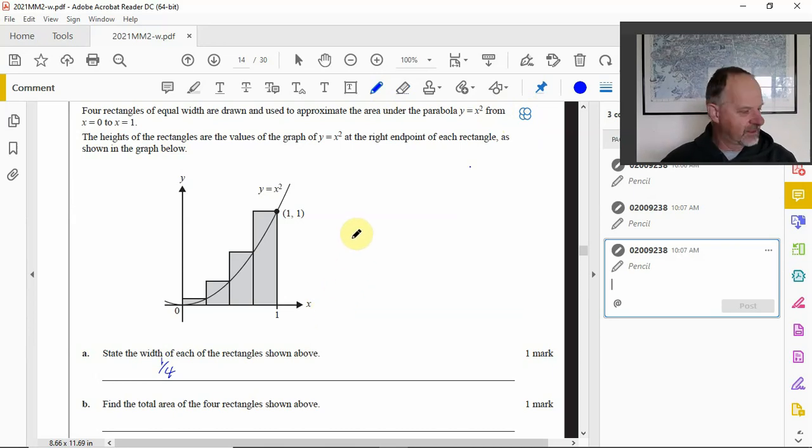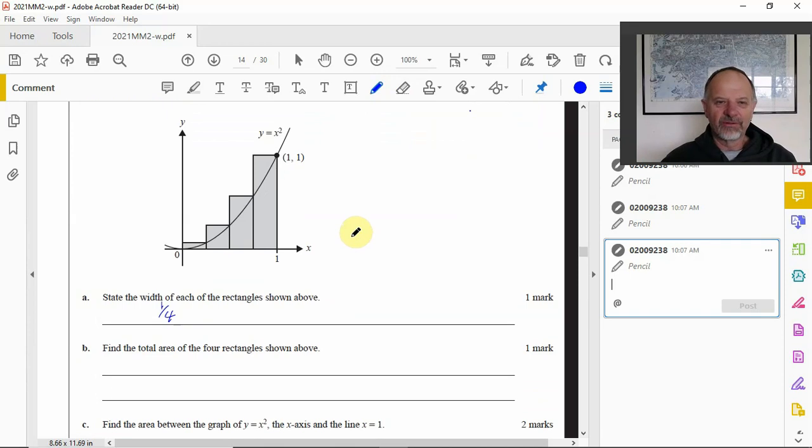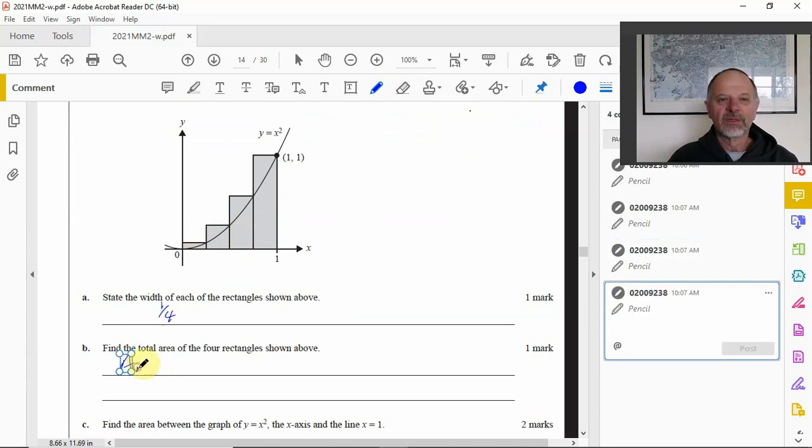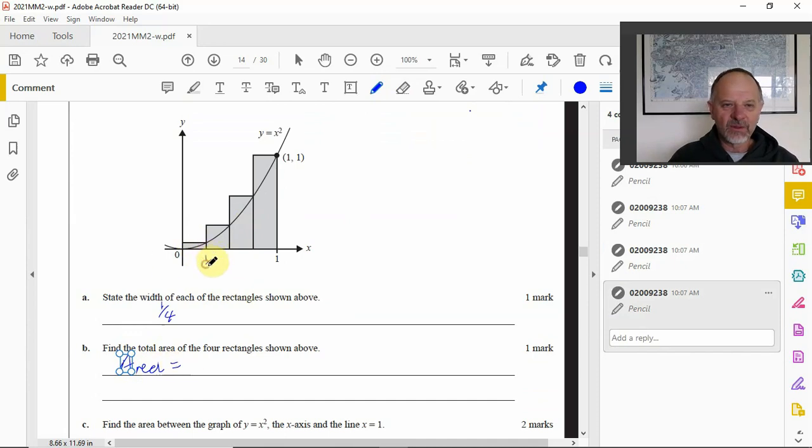All right, so state the area of the 4 rectangles as shown. The area of the 4 rectangles is the sum of each of them. Remember that's 1/4 there, this is 1/2, this is 3/4, and we'll need them because we need to know the height, and the height is that point right there.